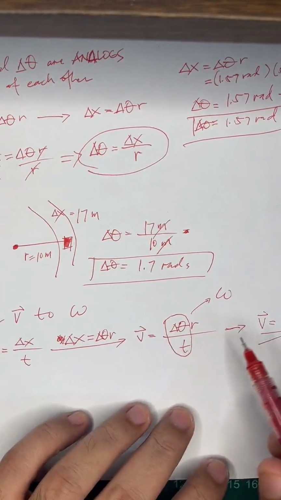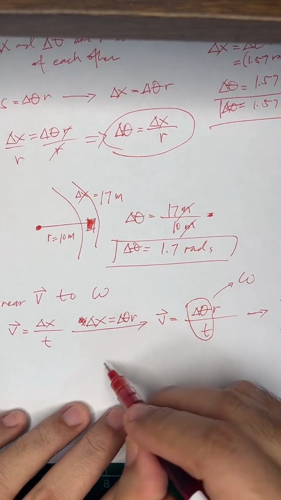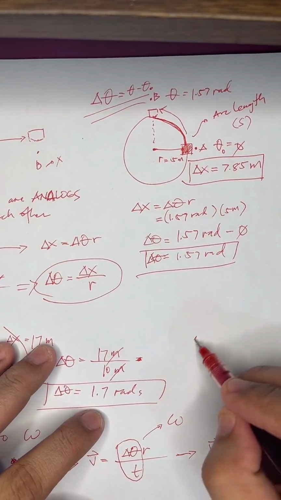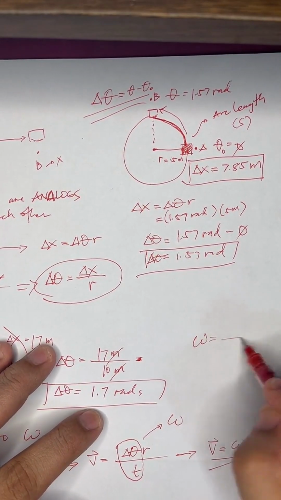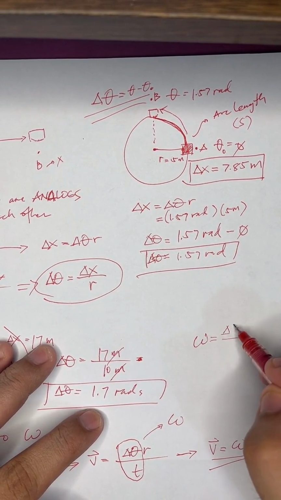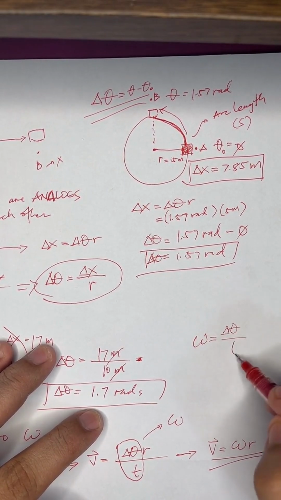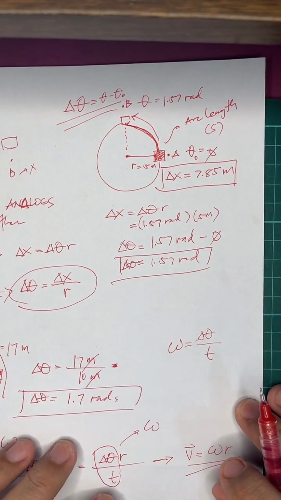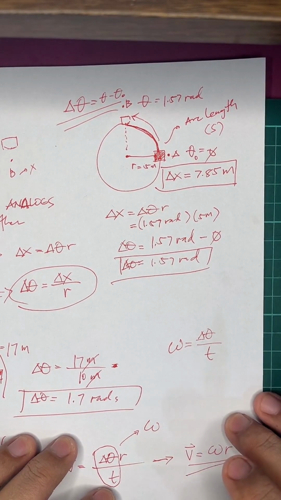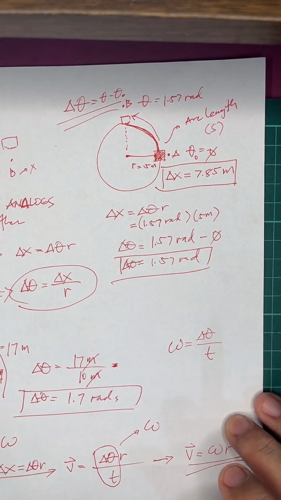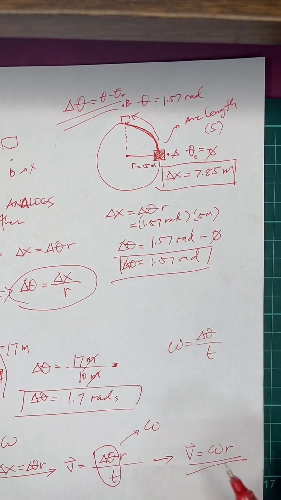Where did this omega equals delta theta over t come from? Well, if you haven't noticed yet, delta theta is the analog of delta x. Therefore, if an object is moving in a circular path, obviously time will pass.